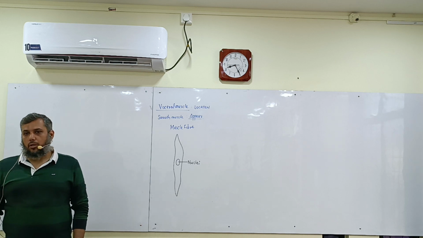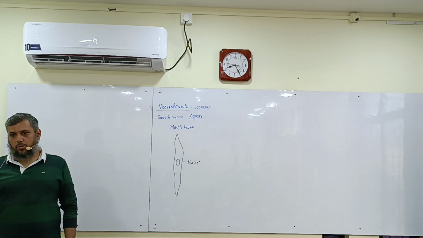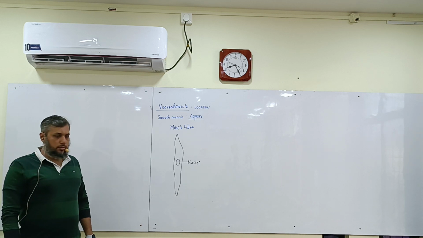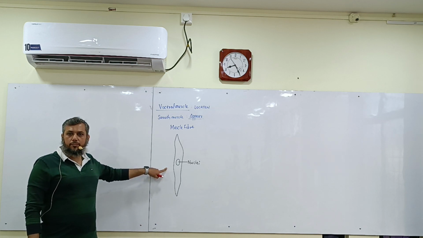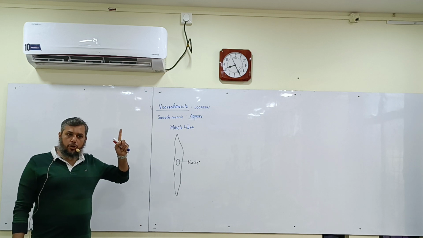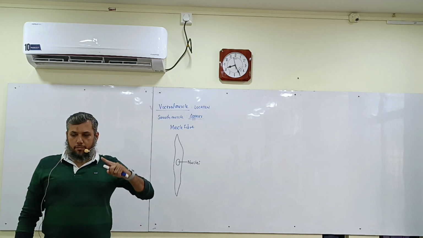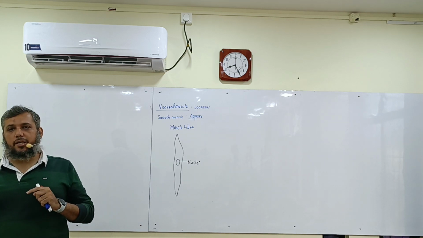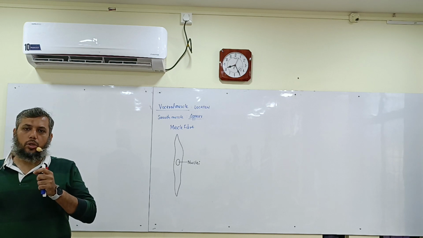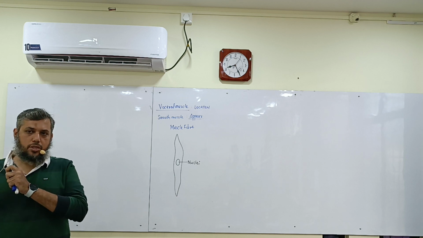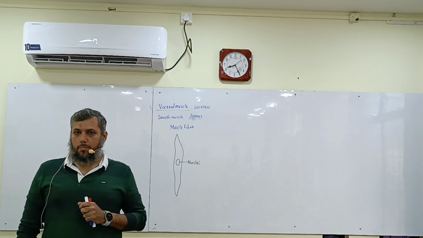So this is a muscle fiber of a smooth muscle. Compare in your mind with the muscle fiber of a skeletal muscle and tell me what is the difference that you see in their shape.